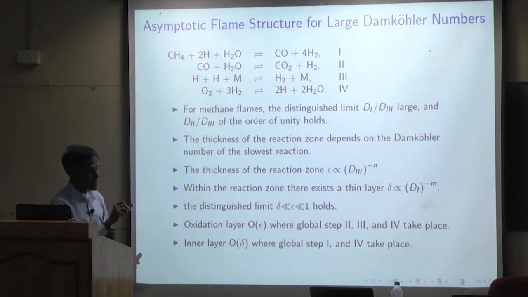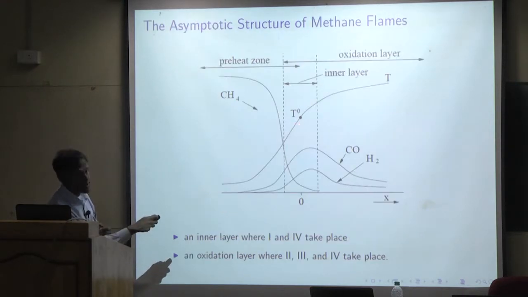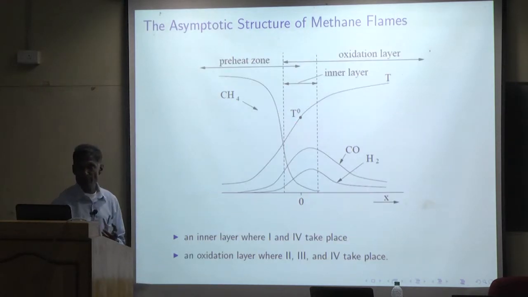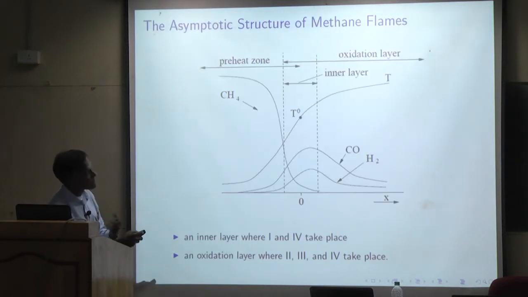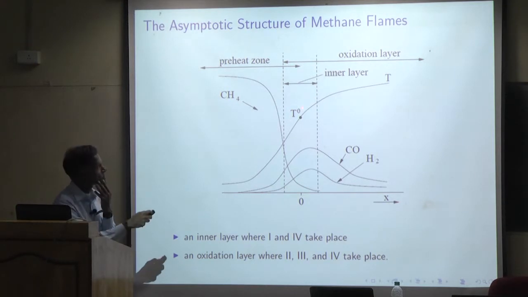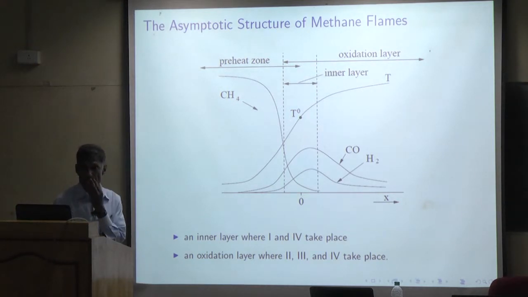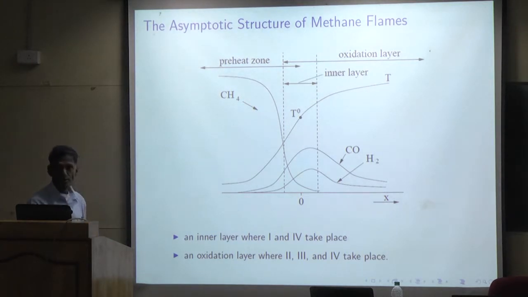This balance gives you the crossover temperature T0, which is a fundamental property of the substance. If you have a different fuel, then these two will still be the same, and the only thing that will change is the fuel specific reaction. So the value of T0 depends on the fuel specific reaction, and therefore it's a fundamental property of the flame. Any questions on this?